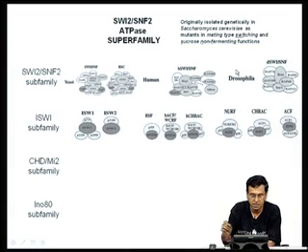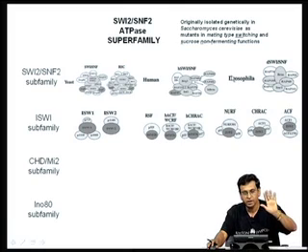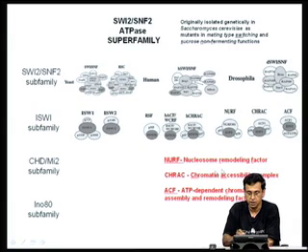And there is also all kinds of nomenclature. Again, I don't want to confuse you at this stage about this nomenclature. Just to give an example of what these things actually mean: when you call a chromatin remodeling complex NURF, it means nucleosome remodeling factor.